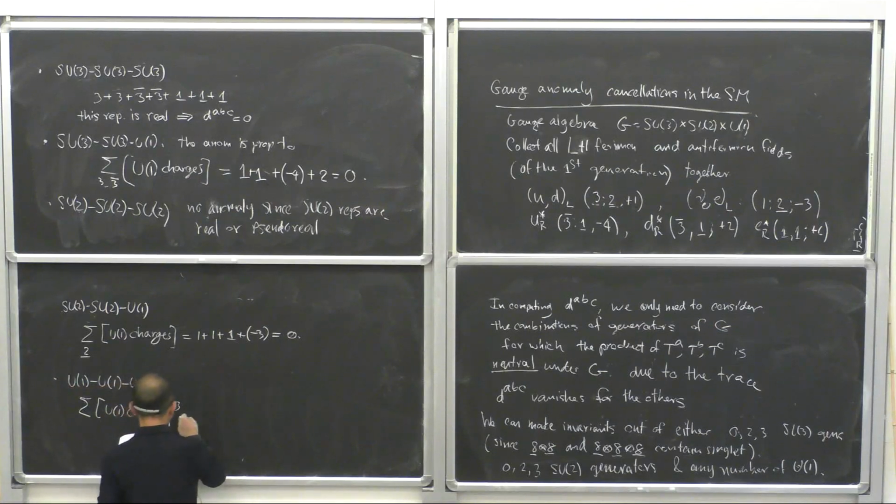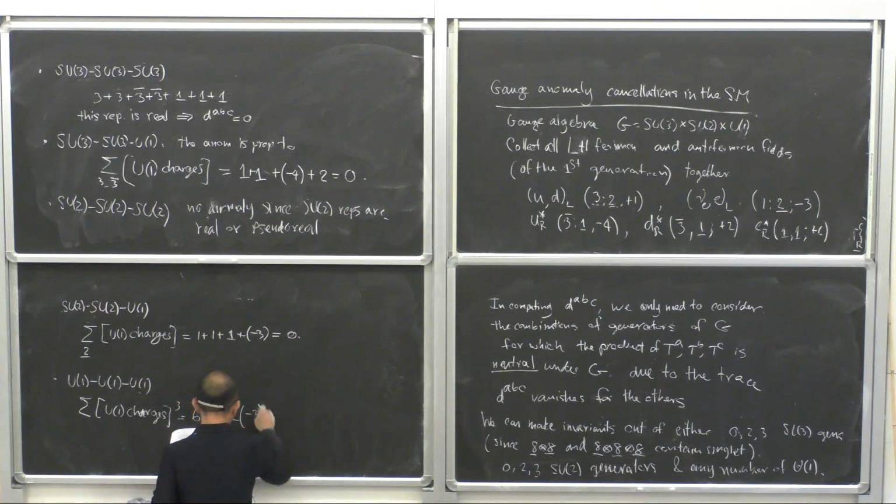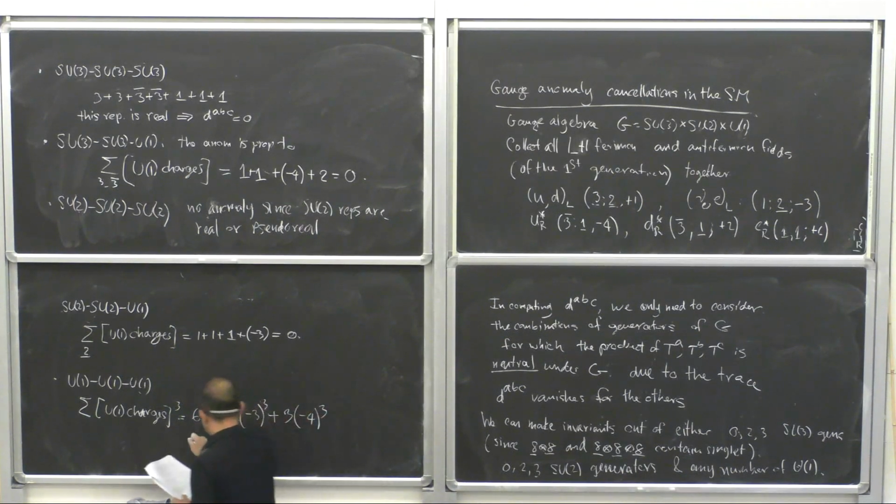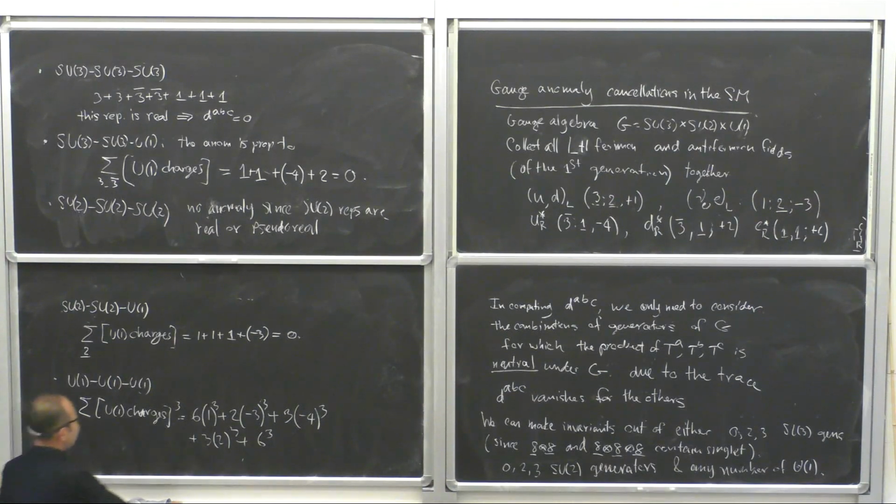This would be 6 times 1 cubed, 2 times -3 cubed, plus 3 times -4 cubed, plus 3 times 2 cubed, and 6 cubed. You have to use a calculator a little bit or Mathematica, and you will show that this is really 0. So our world is consistent.